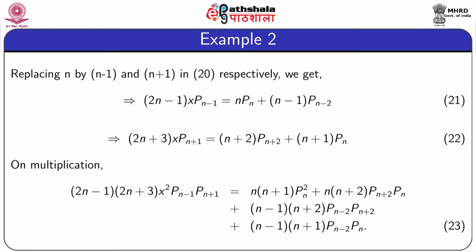We next multiply 21 and 22, and if you do that, on the left hand side you will be getting (2n-1)(2n+3) x² P_(n-1) P_(n+1), and on the right hand side we will be getting 4 terms if you multiply these two, which is given by equation number 23.